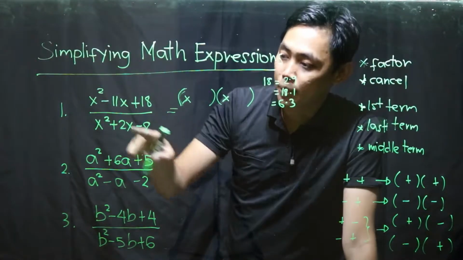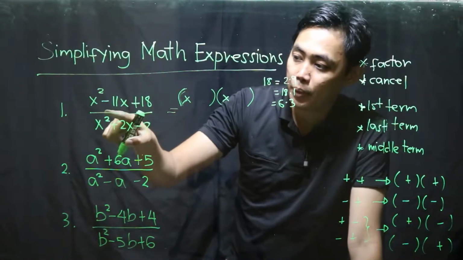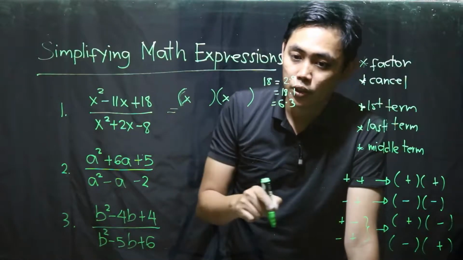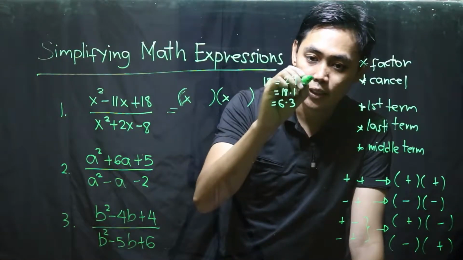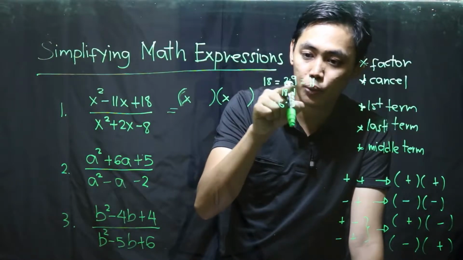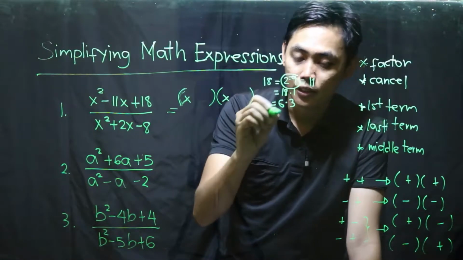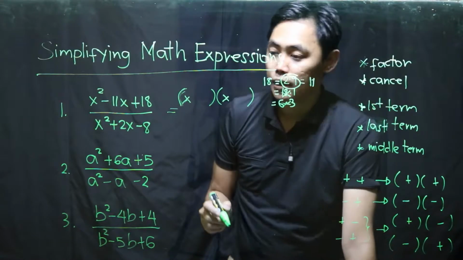Next we will look at the middle term. The middle term is negative 11x. So let's try to add 2 plus 9. This is 11. Okay, so this is what we need, so we don't need the rest.